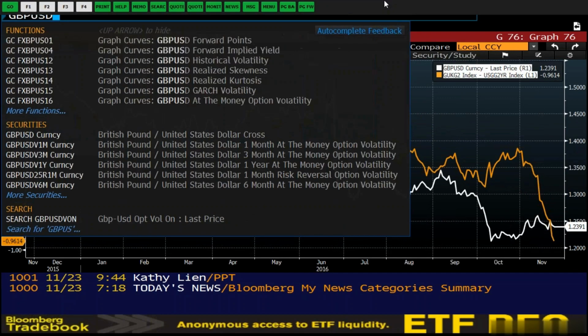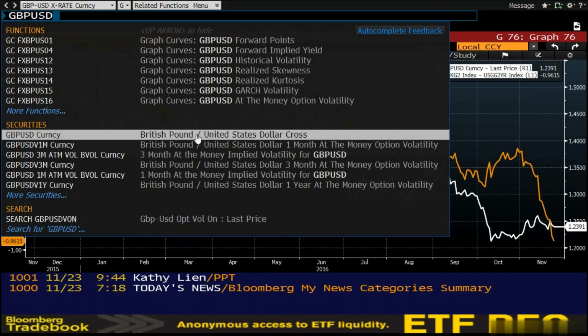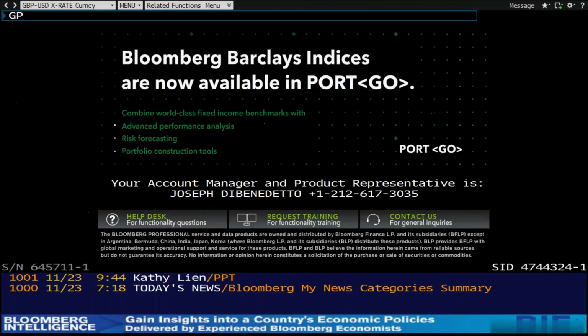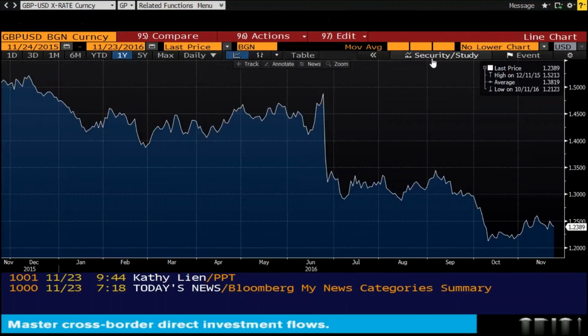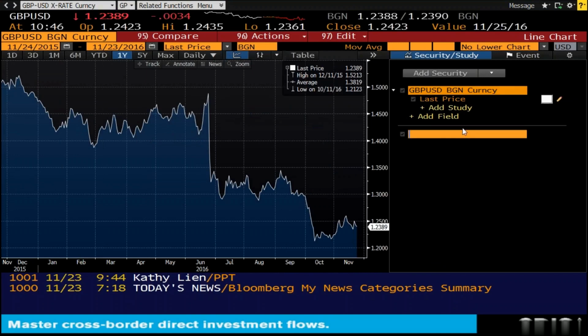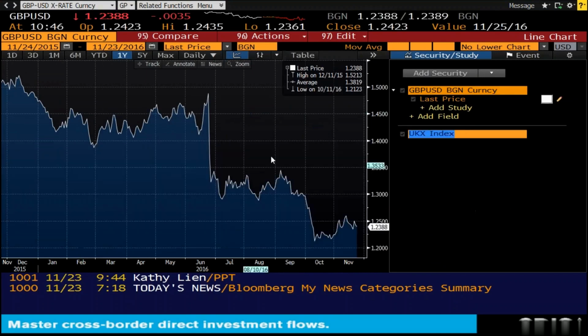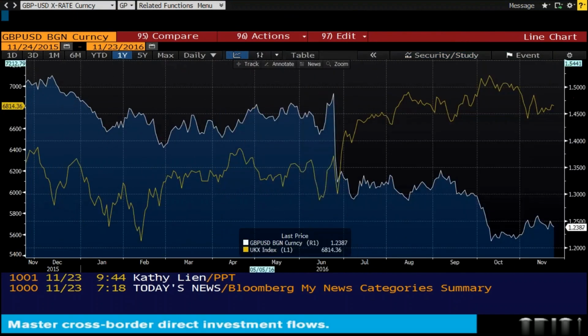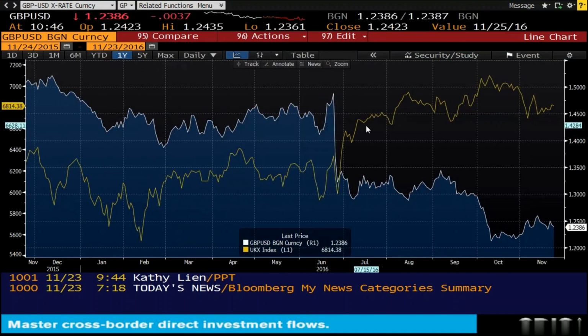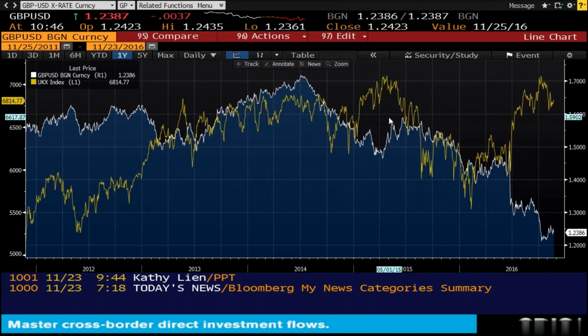Let's take a look at the pound dollar versus the FTSE. So pulling up the FTSE, you can see on a 1 year basis, better correlation, but it's not always.